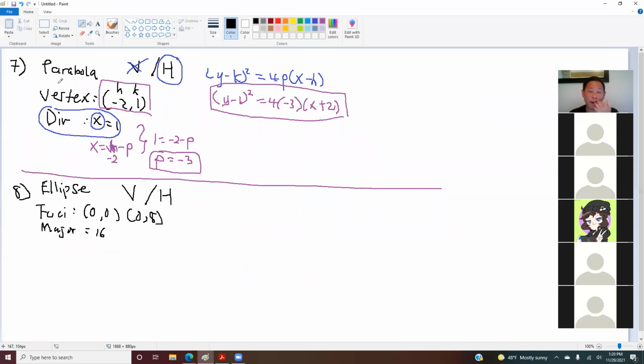Last time for parabola, you looked at your directrix to figure out which one is which. So how do you know for the ellipse, is it vertical or horizontal?